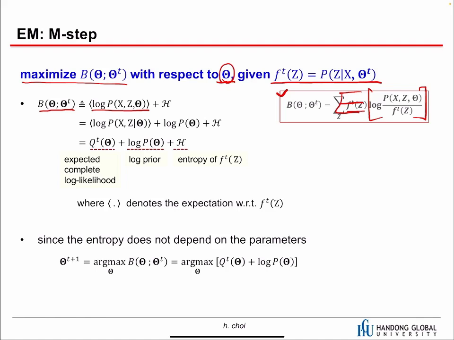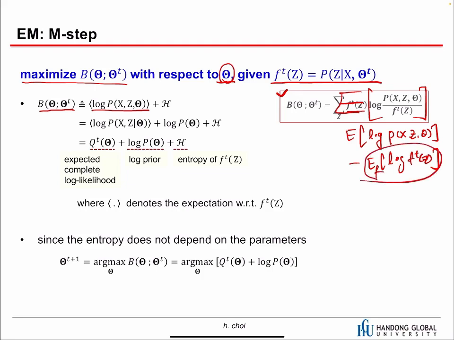In this case, it is the expectation of log p of x, z, and theta, minus the expectation of log f t of z. This expectation is with respect to f, so this one is actually entropy. And this expectation can be decomposed into these two terms.